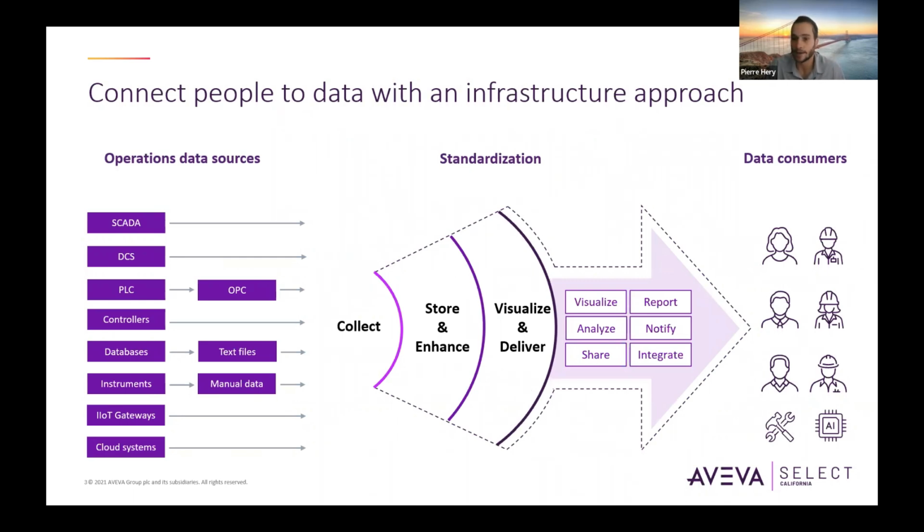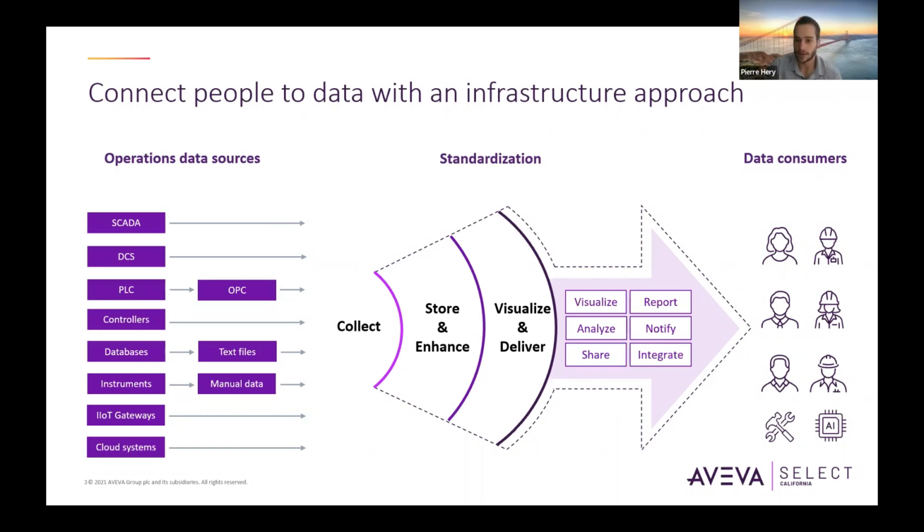So what exactly is PI? PI, first and foremost, is an enterprise data management platform. It's not a SCADA platform, but it's a software ecosystem that acts as a powerful and robust historian that pairs up with your SCADA. So the diagram that you see here illustrates the role that the PI system plays.